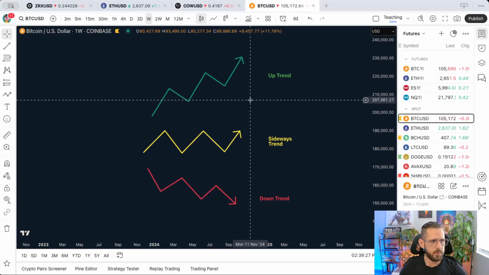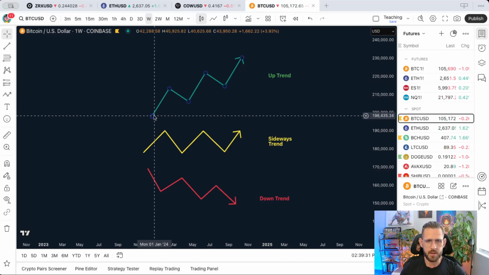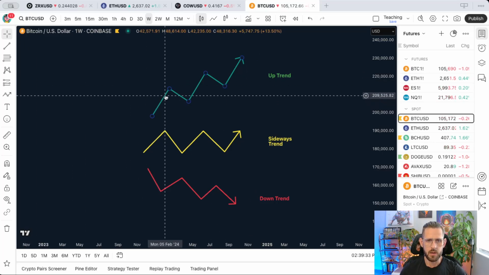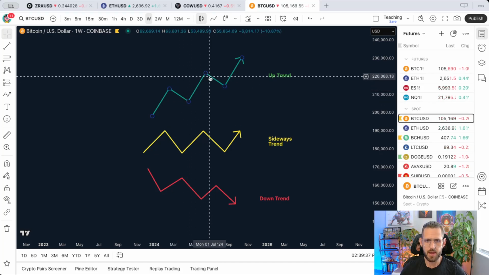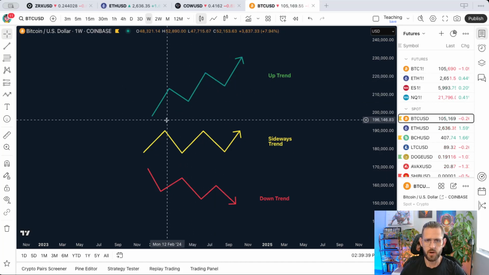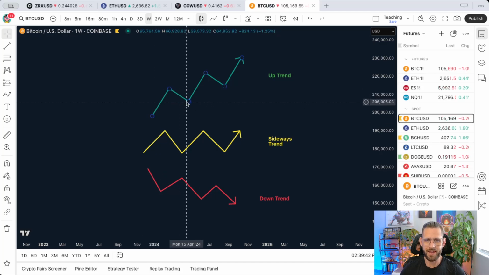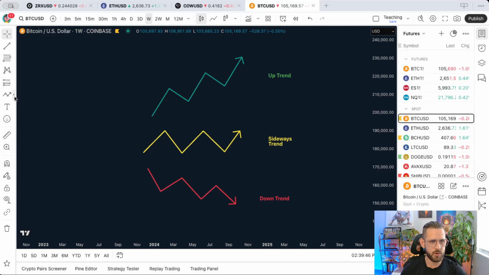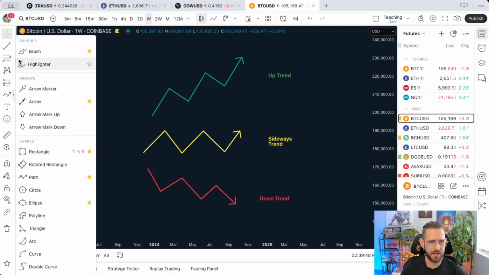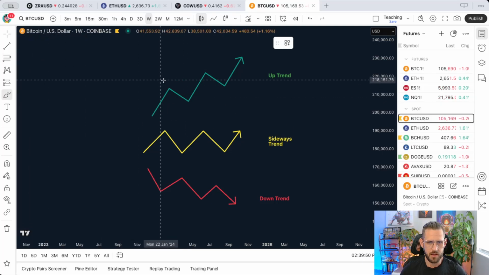So with our uptrend, what we are seeing is a trending market where there is a high, a low, a higher high, and higher lows. So an uptrend is defined by consecutive... Here's our high.